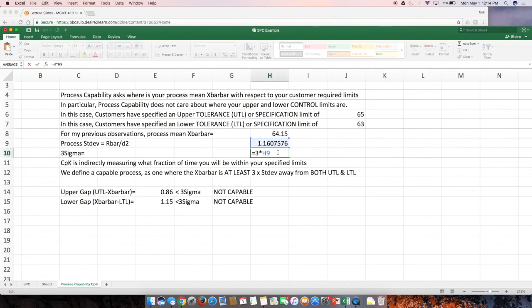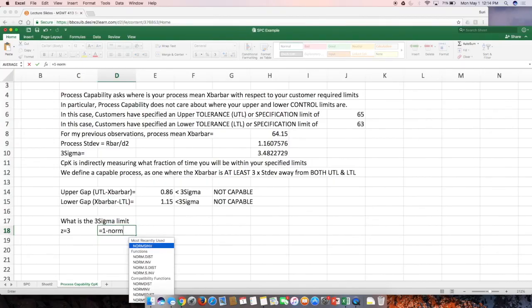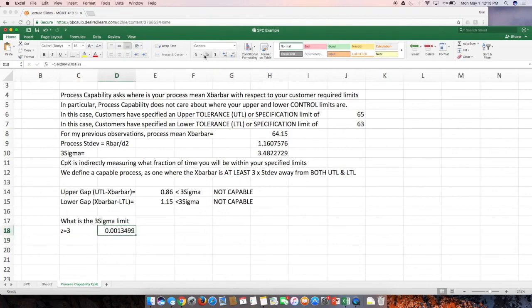That there's a good chance I'm going to spill over and violate both limits because I don't have that 3 sigma. So to illustrate this point, what is the 3 sigma limit? For a z value of 3, what is the probability of exceeding the upper limit? You can calculate that as 1 minus NORM.S.DIST of 3, which gives you, in percentage terms, 0.13 chance of exceeding the upper limit.